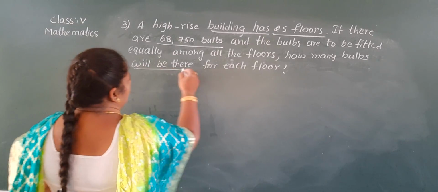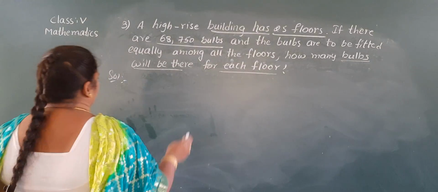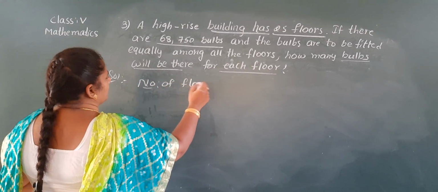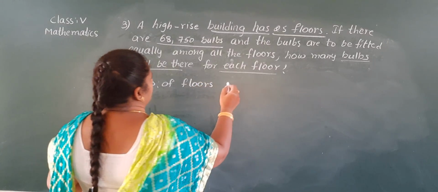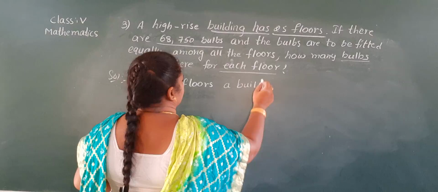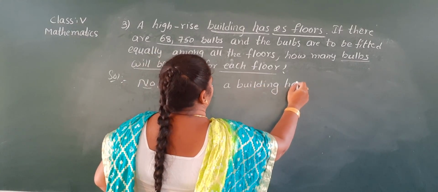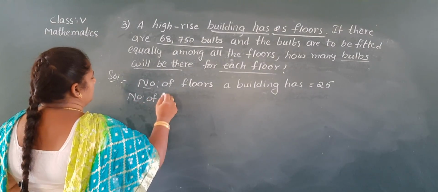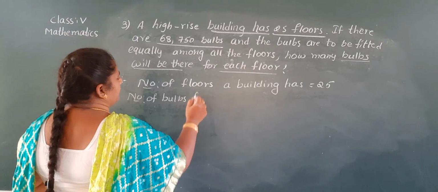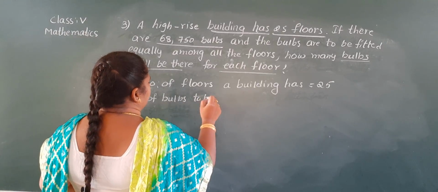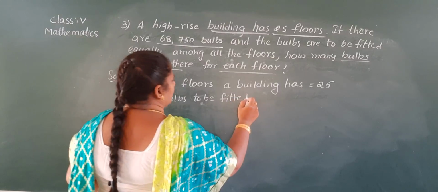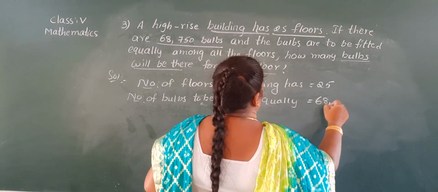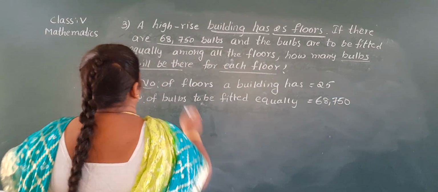Now we have to find bulbs will be there in each floor. Let's write down first one. Number of floors a building has, 25, and number of bulbs to be fitted equally. How many bulbs to be fitted equally? Yes, 68,750.